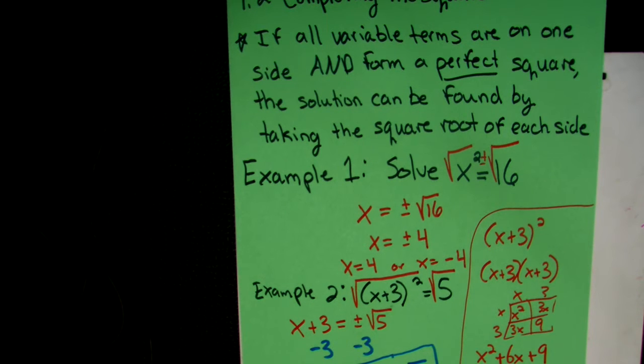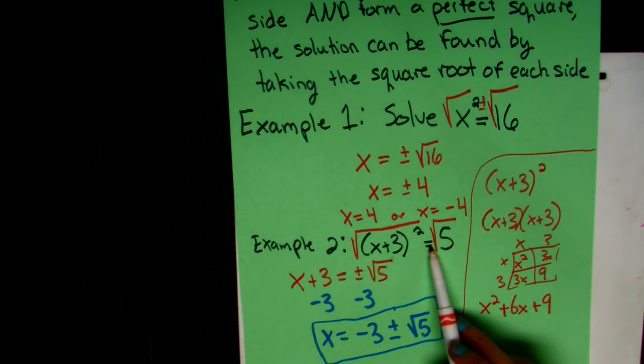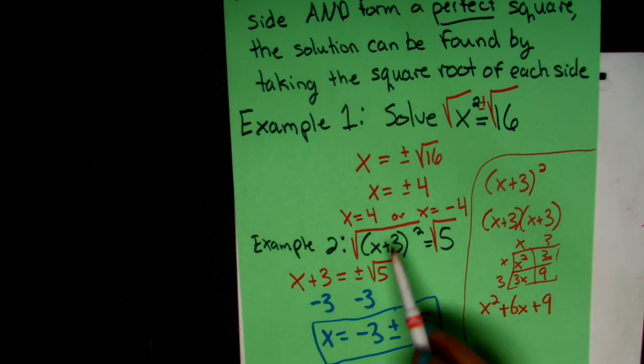So if I had x squared plus 6x plus 9 is equal to 5, I could rewrite this as x plus 3 squared and then use my perfect square technique to solve for it.